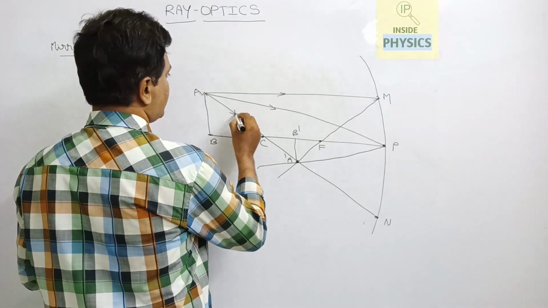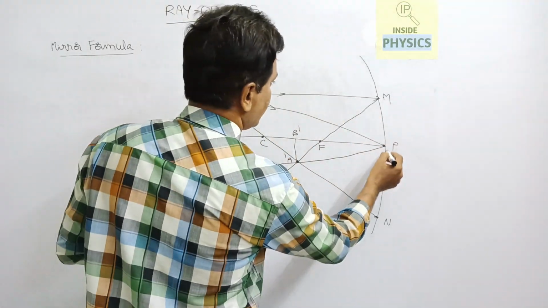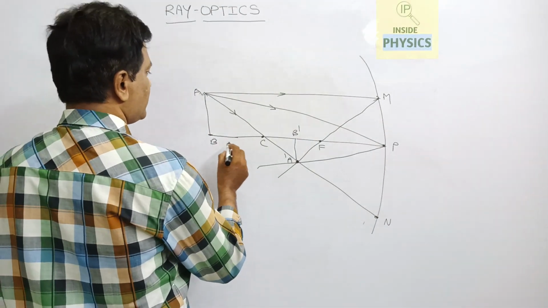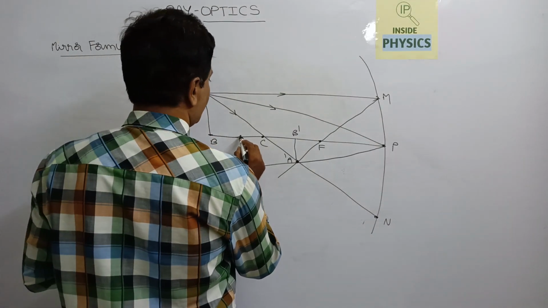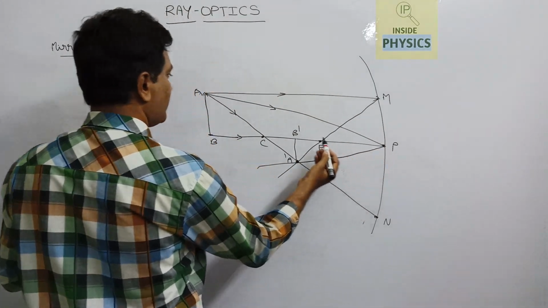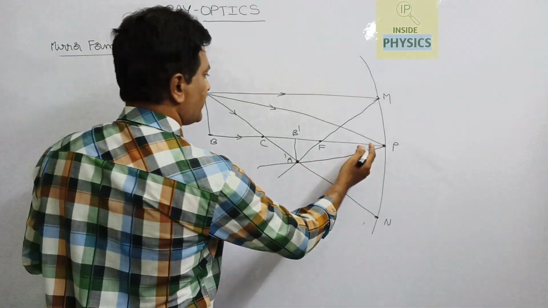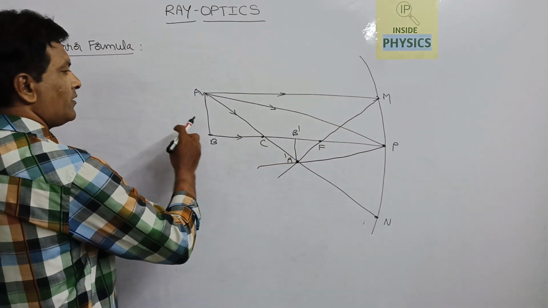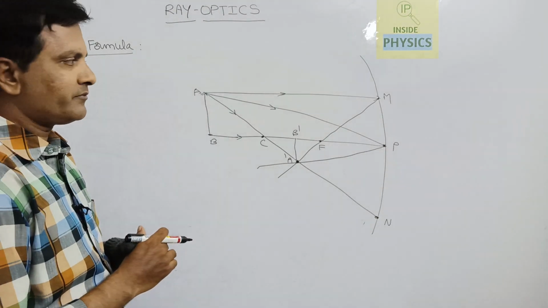These three rays we know are incident on the spherical mirror, and the fourth one is if a light ray passes along the principal axis and touches the pole, it will reflect back exactly and retrace the same path along the principal axis.